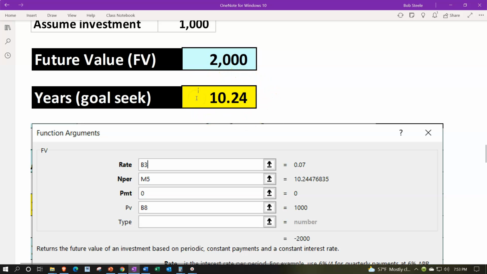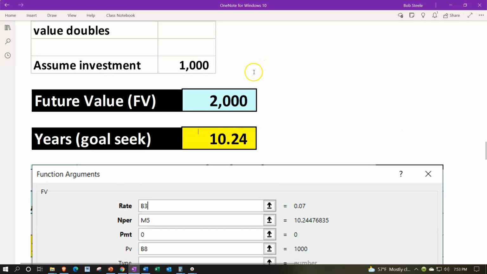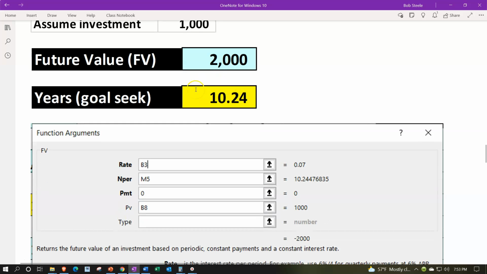Once again, we could start with that number of periods at like 5 or something, run the function, and then ask Excel to change this future value to what we know it should be, which now is 2,000, because we're looking for when this 1,000 doubles to 2,000. And we want to say, hey, make that 2,000 by changing this cell. And we can once again solve for the 10.24 years.